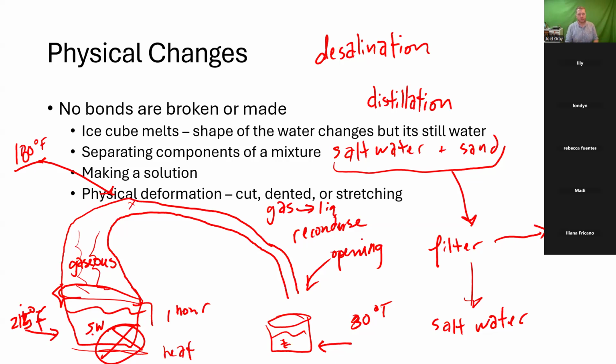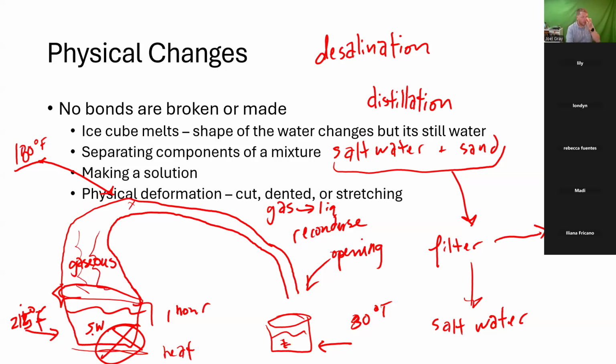Distillation is a process that's commonly used for making whiskey and other liquors, where you're separating something based on its physical property, based on its boiling point.